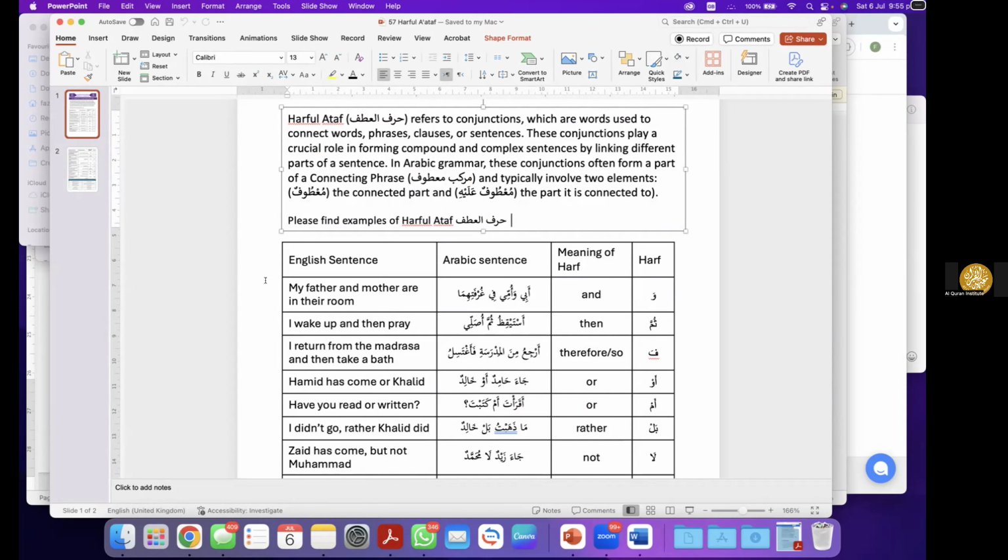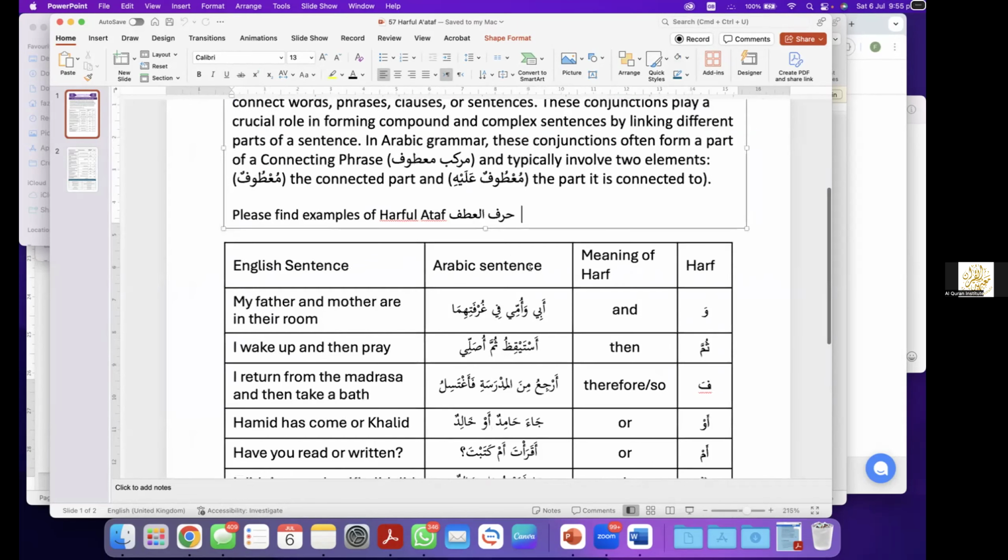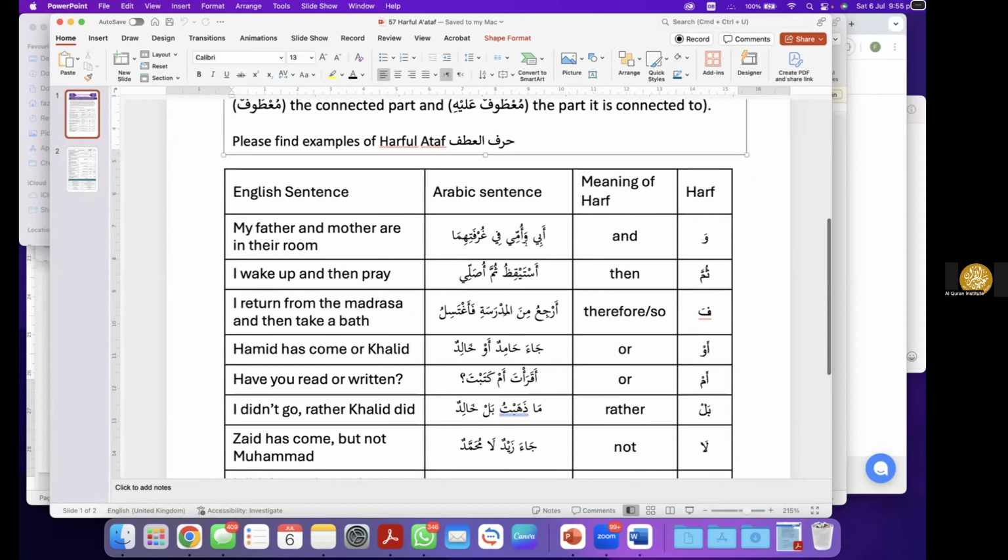So look at an example. Abi. Abun is father. Abi is my father. Everybody understands that? Abi, my father. Wa ummi, my mother.